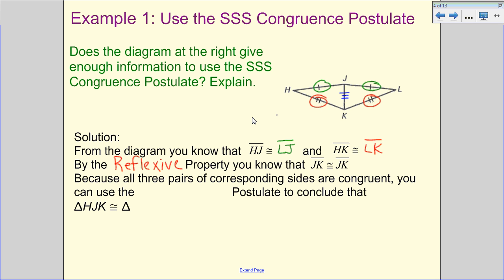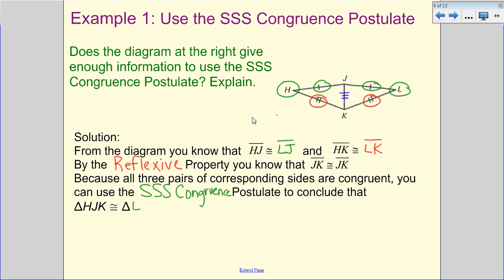Because all three pairs of corresponding sides are congruent, we can use the side, side, side, SSS congruence postulate. So we're going to conclude that triangle HJK, and we need to go in order. H corresponds to L. That's where green and red come together. So L will be the first angle.